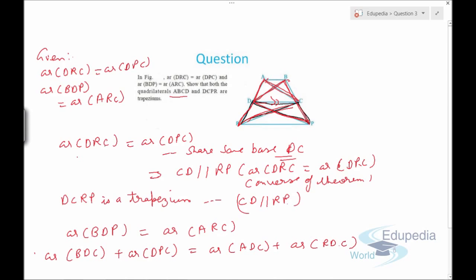Now, since we know that these two areas are equal, we can cancel them out, right? So what we are left with now, area of BDC is equal to area of ADC.